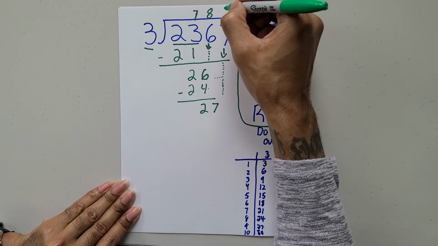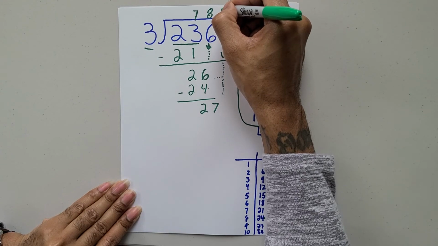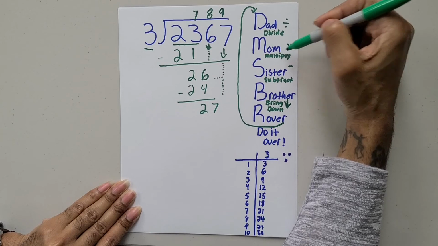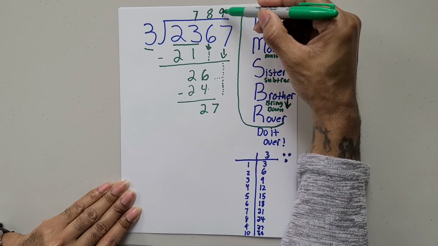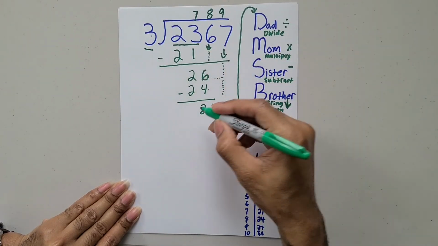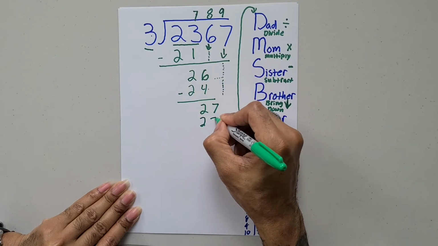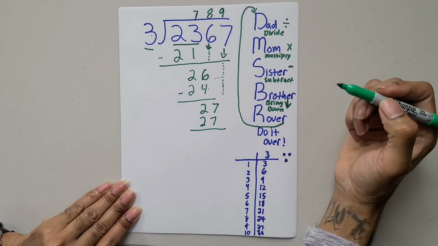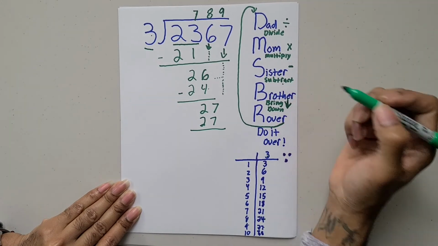Well, I need to put my 9 in the last place value. And like Mom told me, multiply. 9 times 3 equals 27. Sister, oh sister, what should I do? Yes, subtract.